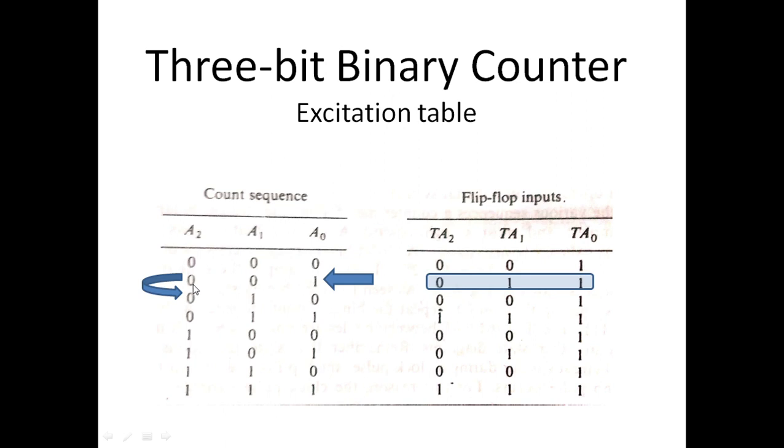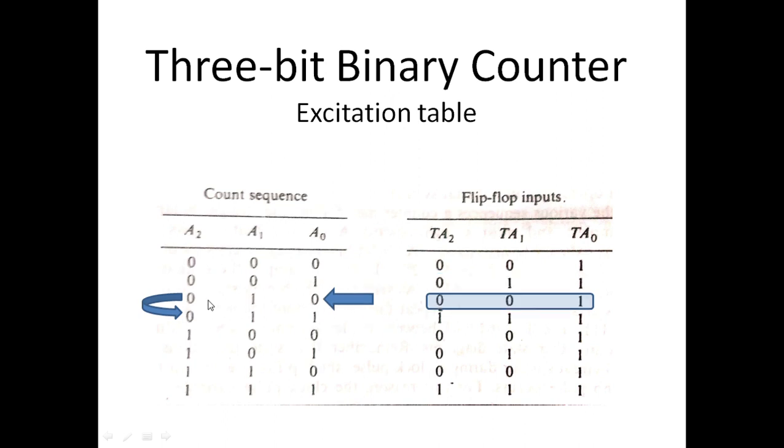When we are at this state and we want to move to this one, the current state is 0, 1, 0, and we want to move to the next state.